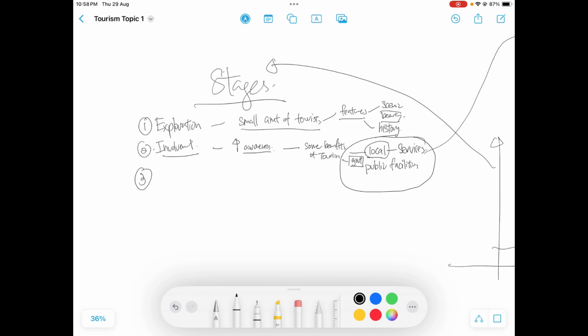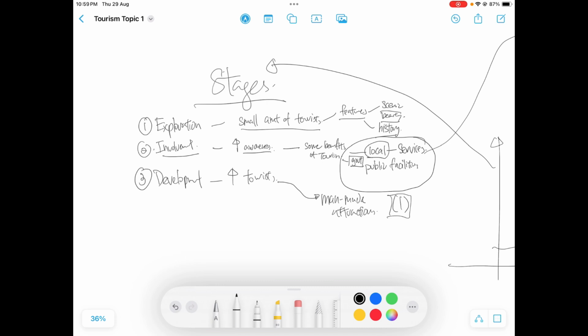Third, let's go on to the third stage, which is the development stage. What's the difference in the development stage? Here you have more tourists coming in, that's for sure. And what is unique over here is your man-made attractions, because tourists do not just rely on one single thing.